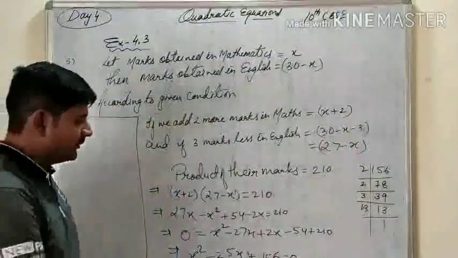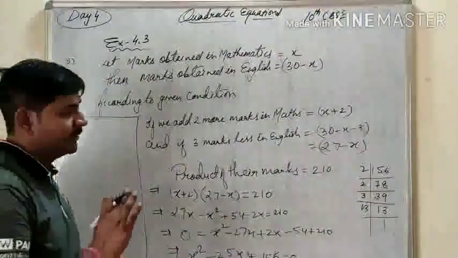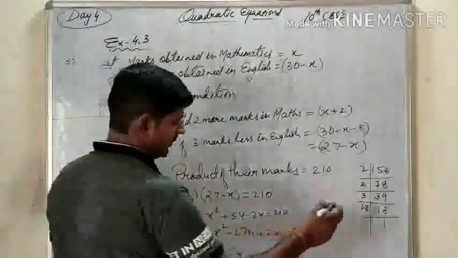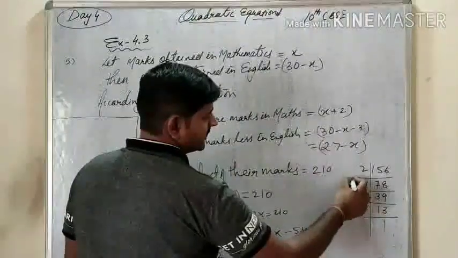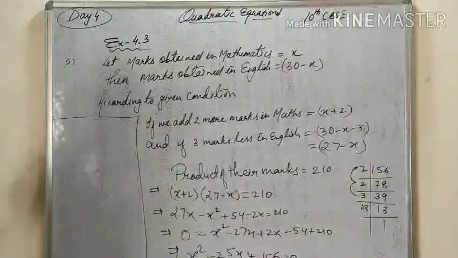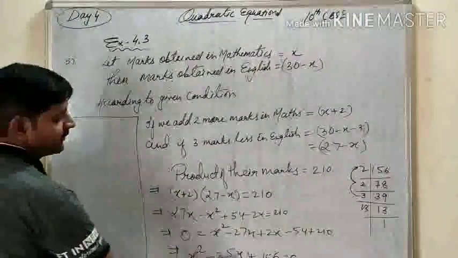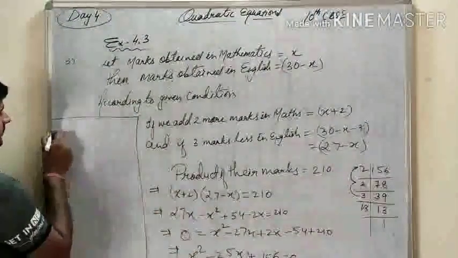As we know, we need a sum of 25, so 3 2s are 6 and 6 2s are 12. If we add 12 and 13, we get 25 and their product will be 156. So 25x we will split into 12 and 13.